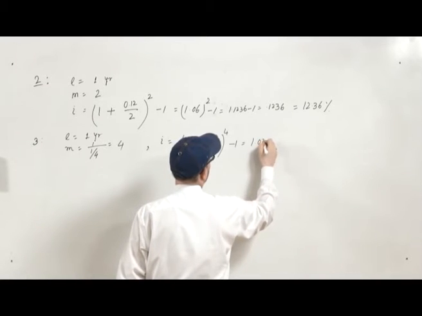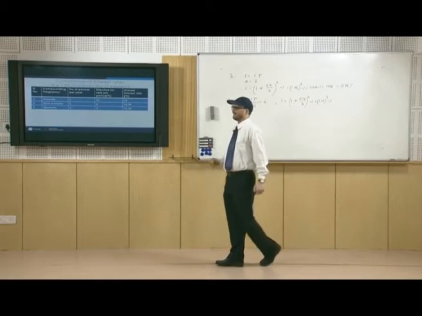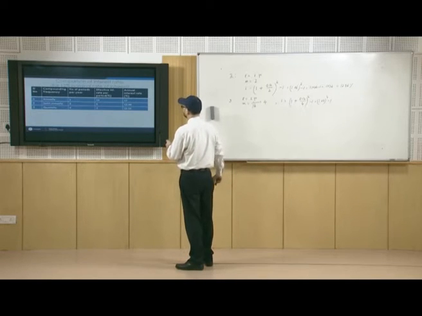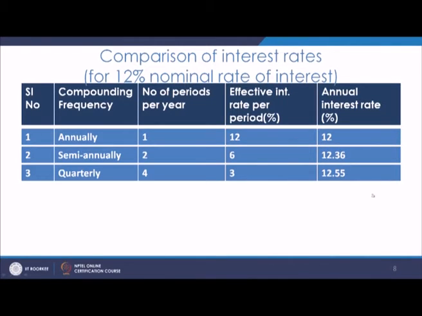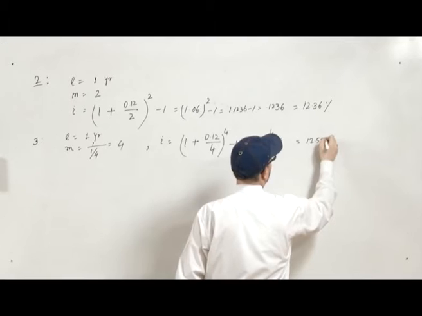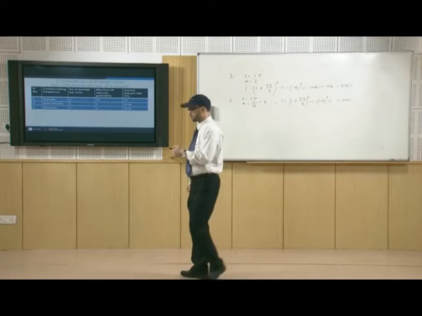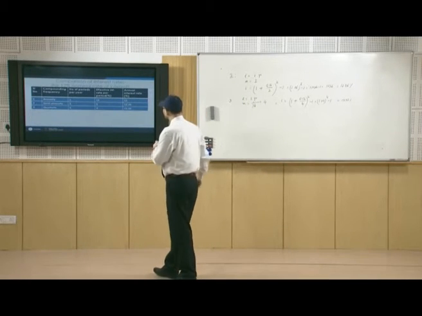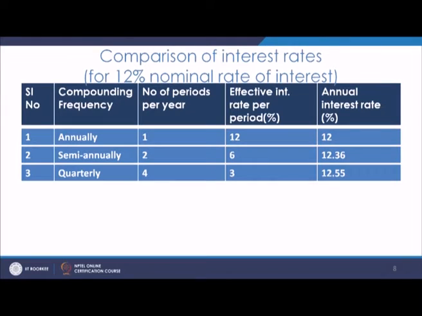So, 1.03 raised to the power 4 minus 1, and that gives you the result of 12.55%. So, the effective interest rate for the year changes from 12 to 12.36 when it is done semi-annually and to 12.55% when it is done quarterly.